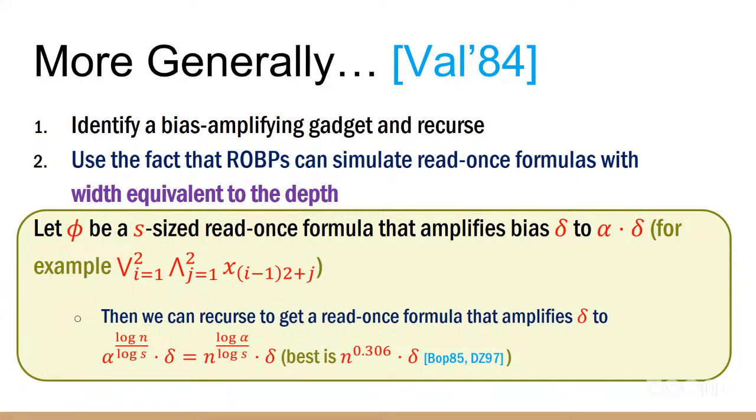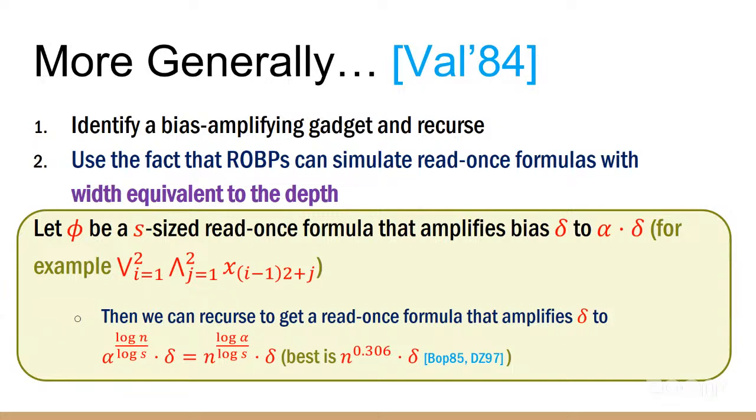Because it amplifies by a constant factor, and you keep on doing it multiple times, you will get log n depth. So your bias would be alpha to the depth. Yeah. So n/4, and then you keep on doing this.